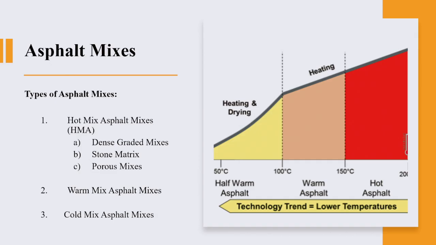Is it about the same here in Nigeria, or do you do any differences? 160 and 110? Yeah. But how often do you use warm mix asphalts? Not. But why?